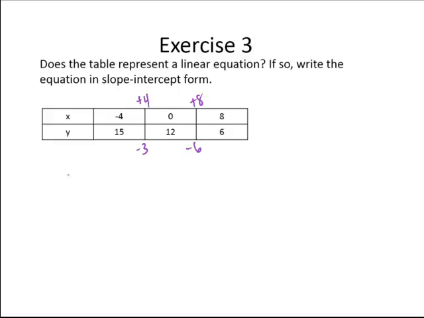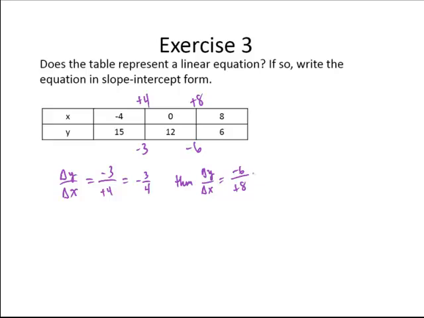But if we consider the rate of change, the change in y over change in x, for the first one we have negative 3 over positive 4, which we can write as negative 3/4. Then delta y over delta x is negative 6 over positive 8.